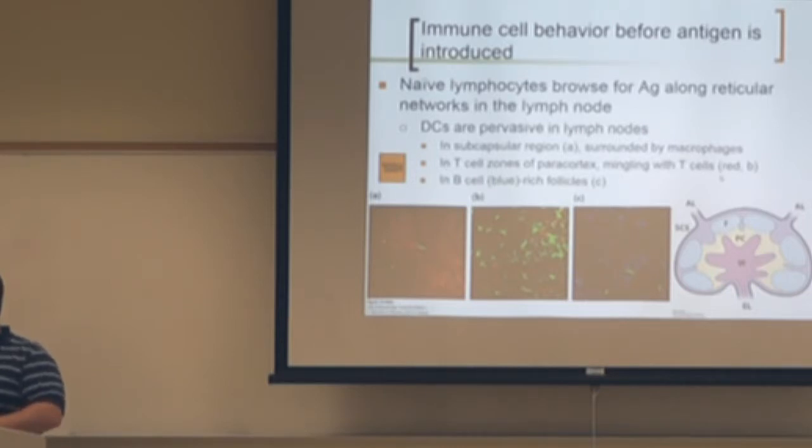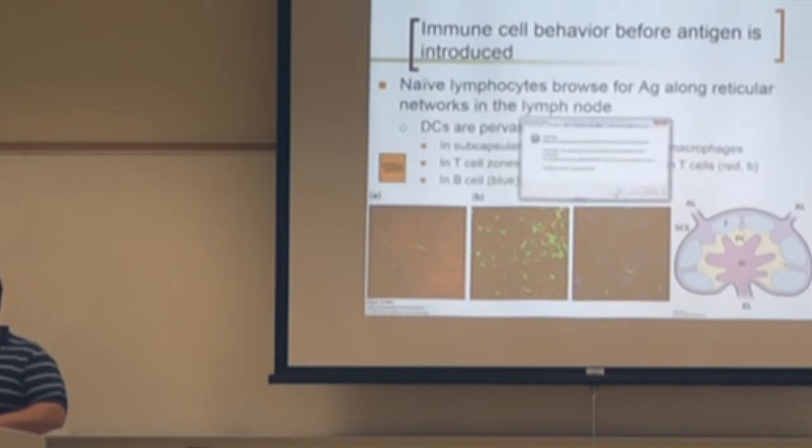The T cells in this case are red, and then the B cells are blue. So T cells in this case are red, and the B cells are blue, and who's green?